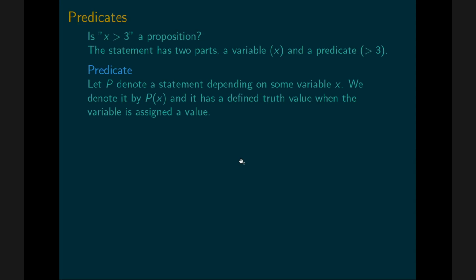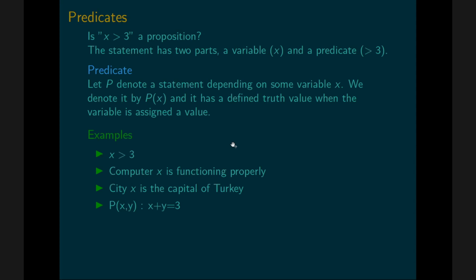Now we move to the predicate. This is not really a proposition because it depends on a variable. So this is a predicate, P of x, and it assumes a truth value if we assign a value to x.